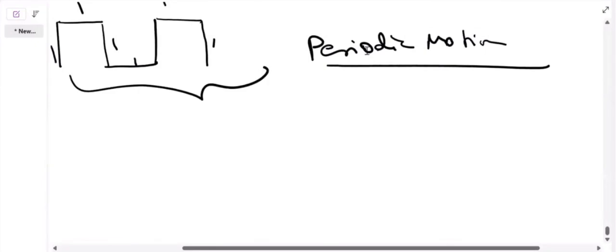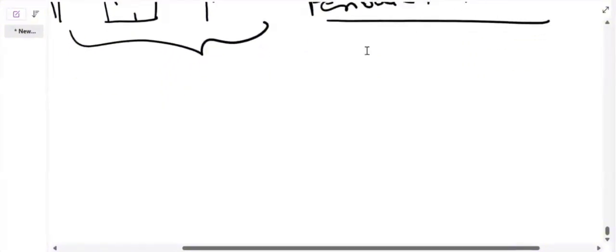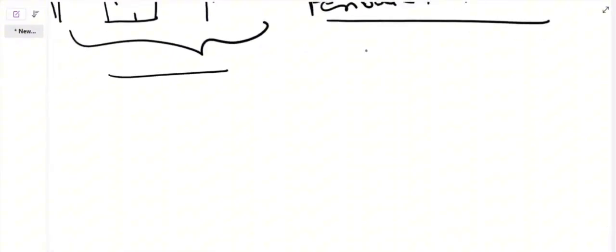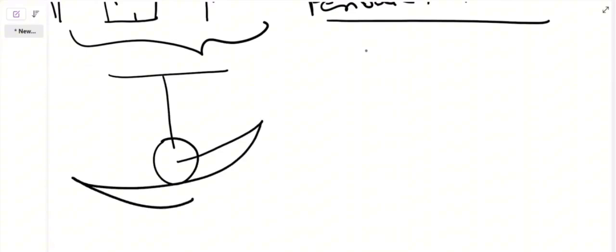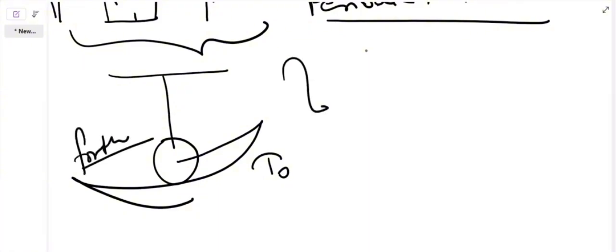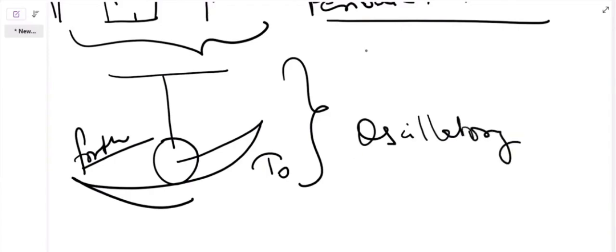Yes, ma'am. No, ma'am. Okay. Now after this, let's put a constraint. I am putting a constraint that my object should go only to and fro while performing the repeated motion. So it is going to and fro. This particular motion is known as oscillatory motion. Understood?